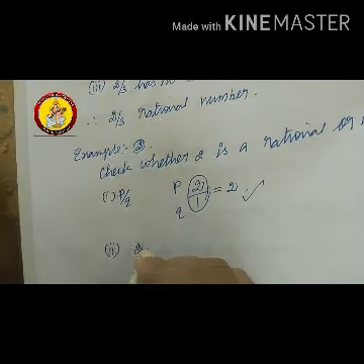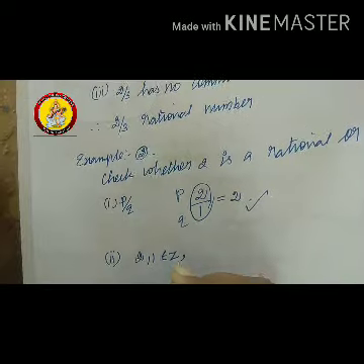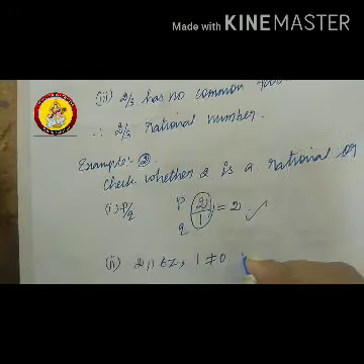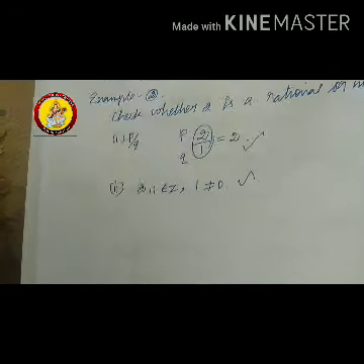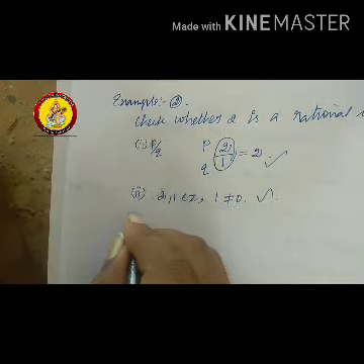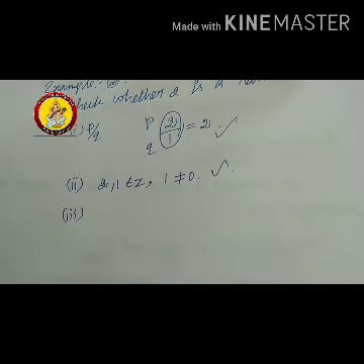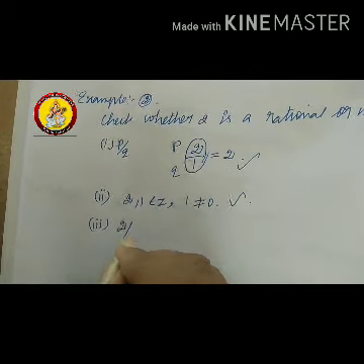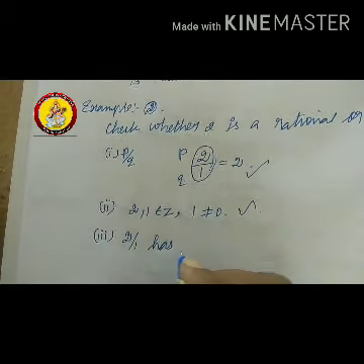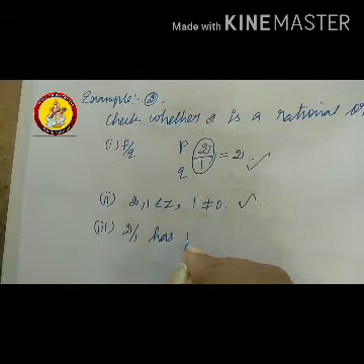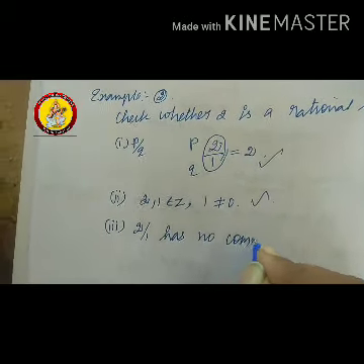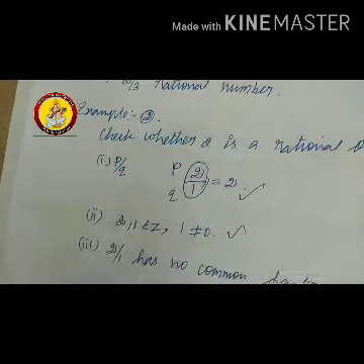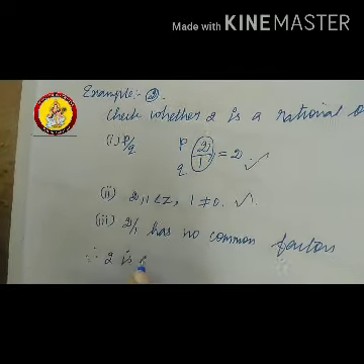So here 2 and 1 belong to Z. And the denominator 1 is not equal to 0. The second condition is also satisfied. And the third condition, the number 2 by 1 has no common factors other than 1. Therefore, 2 is a rational number.